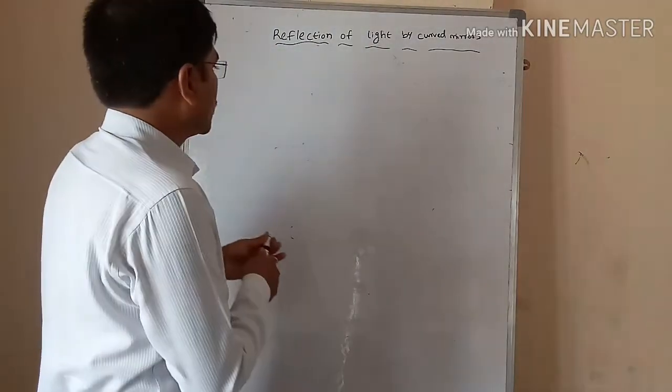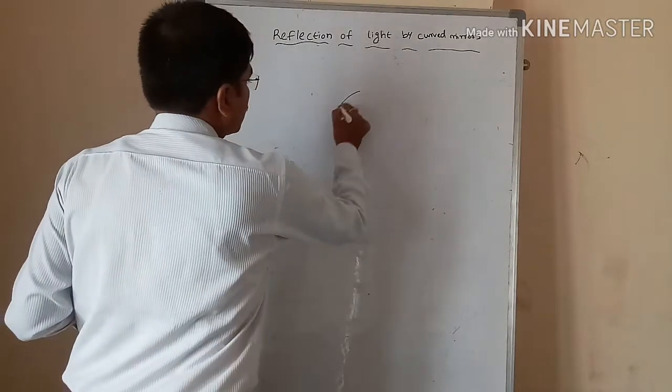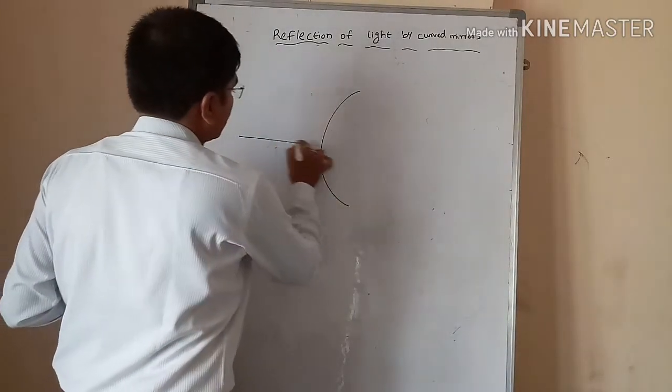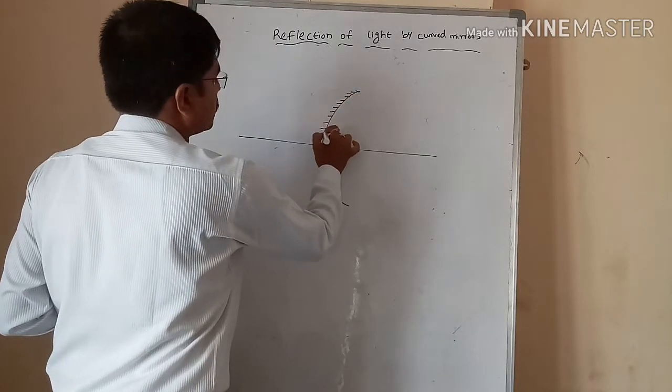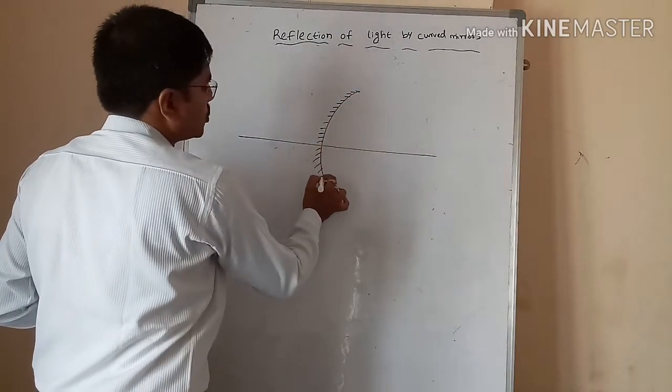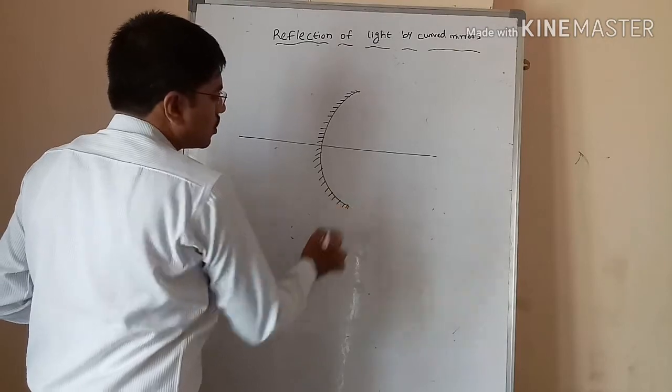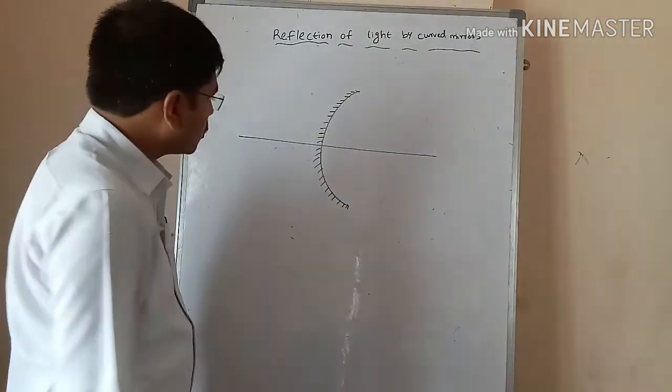Now I am going to show that. For example, it is a curvature. Again I am going to draw. Here, this is a concave mirror.